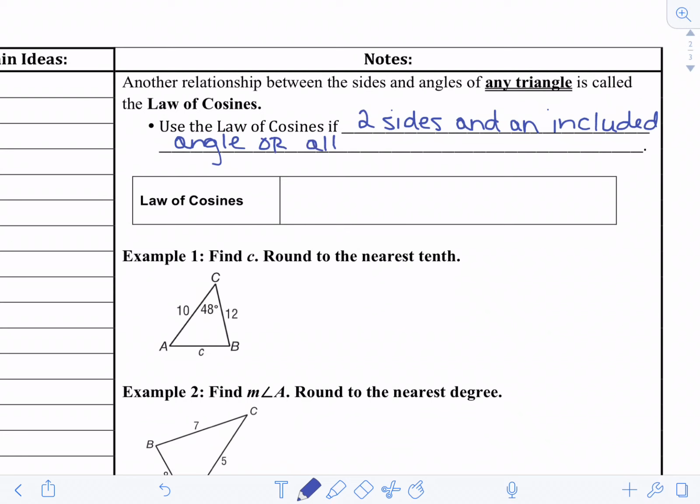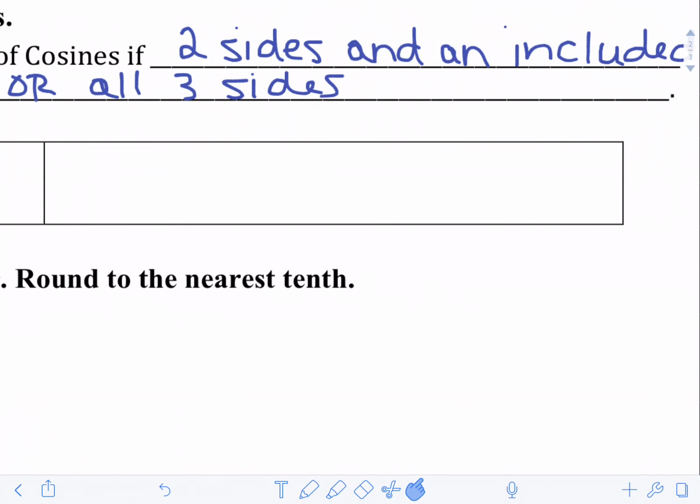Now notice again, these are not right triangles, so that's why we have the law of sines. Law of cosines is something else you can use if you do not have a right triangle. Okay, the formula for law of cosines is a little big, kind of long, but it's not too bad.